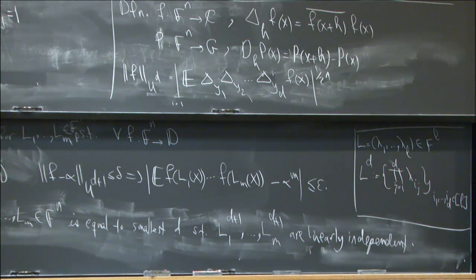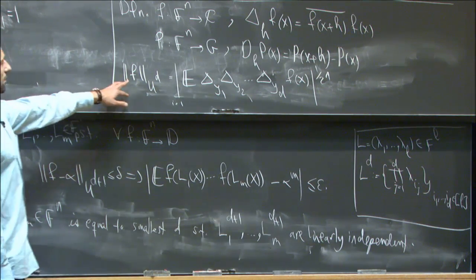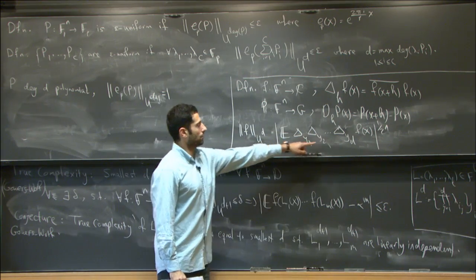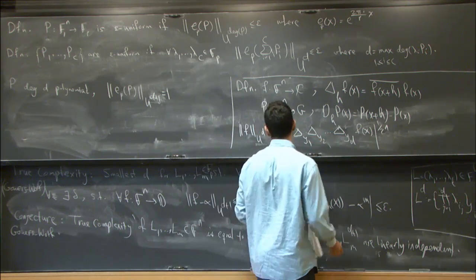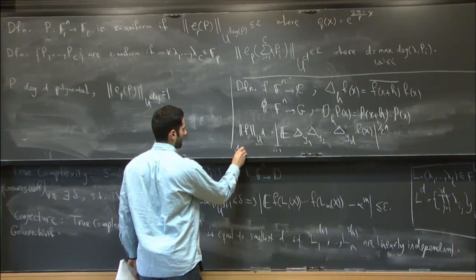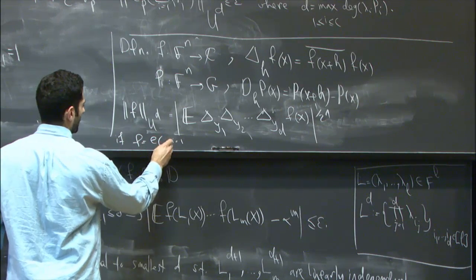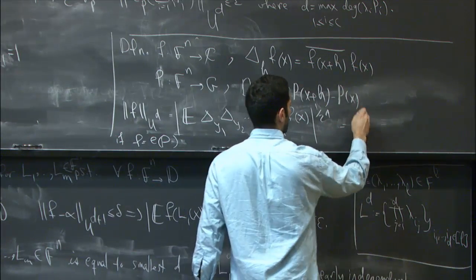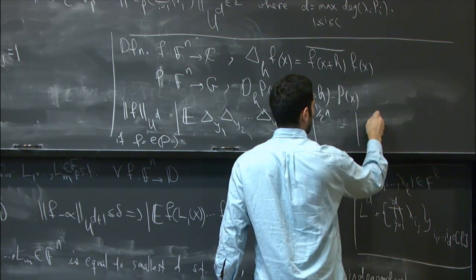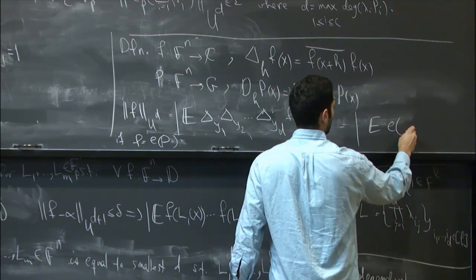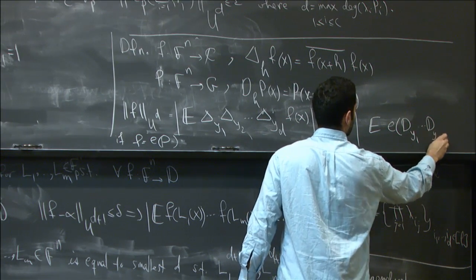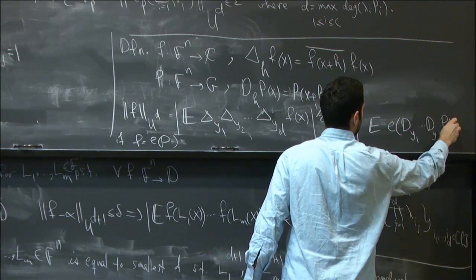And in fact, if f was itself an exponent of a polynomial, if f was e of some p, then you can actually write this as the expected value of e of d_y1, ..., d_yd of p of x.